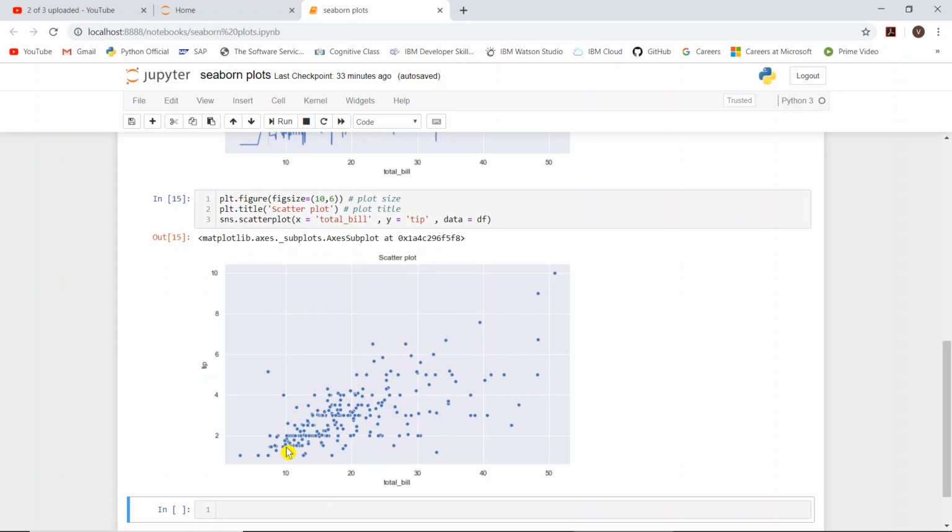You can see one more thing. Here it is giving one insight. In the data science field we use the word insight. What does insight mean? What the data is telling, what the information hidden in the data is.